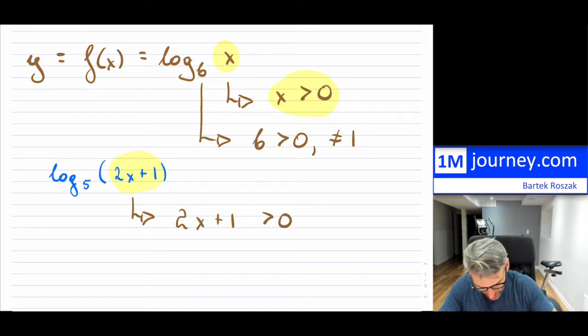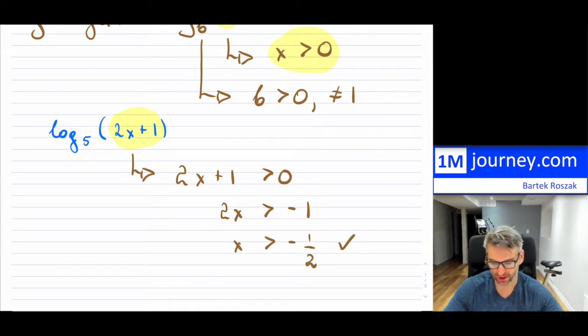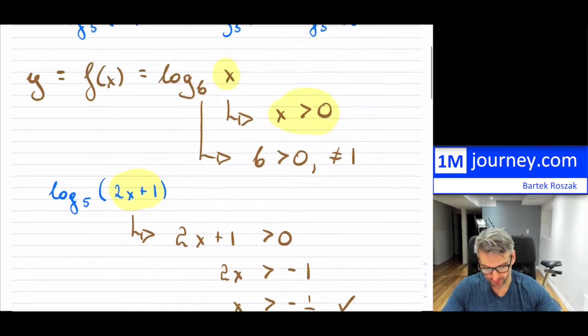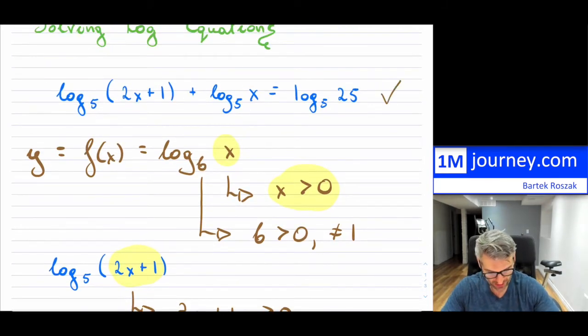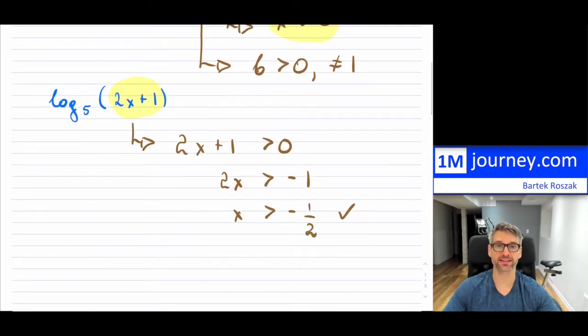And if that's greater than 0, now if I move things around, what I'm going to get is that x has to be greater than negative 1 over 2, if I solve this inequality right here. So all my answers have to be greater than negative 1 over 2. So for whatever reason, if I solve this and I get an answer which is less than that, then that's not an admissible answer.